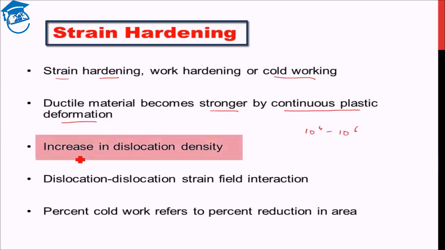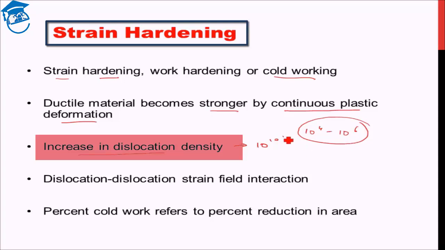Now the dislocation density reaches around 10 to power 10 when sufficient work hardening is done. This increase in dislocation density leads to dislocation interaction. Even in the initial stage, when dislocation density was 10 to power 4 to 10 to power 6, there were dislocation interactions and there was strengthening due to that.